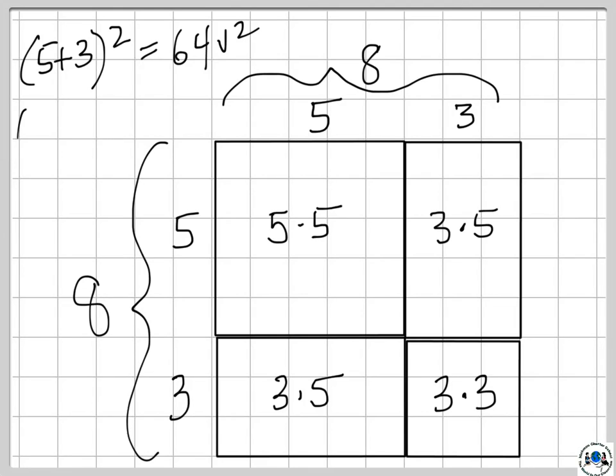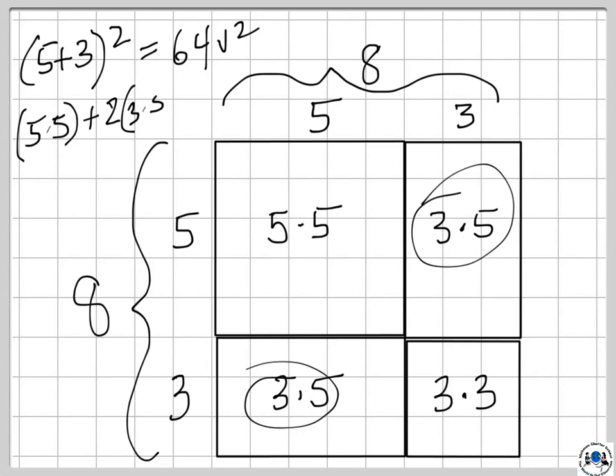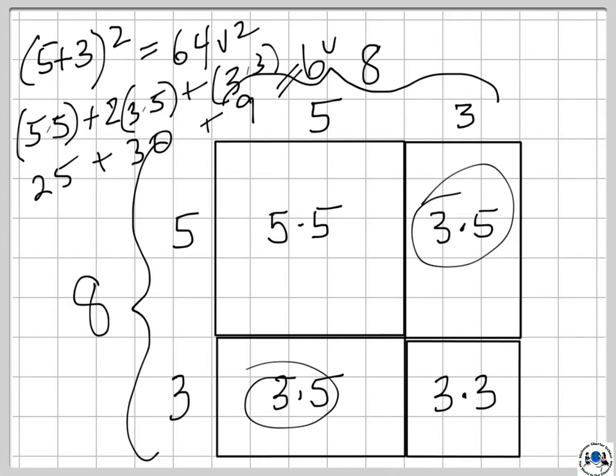Or it could be the sum of the regions, 5 times 5 plus, you notice that with the square we always have these 2 regions that are similar. 2 3 by 5s plus a 3 by 3, and this is 25 plus 30 plus 9, which also equals 64 units squared.